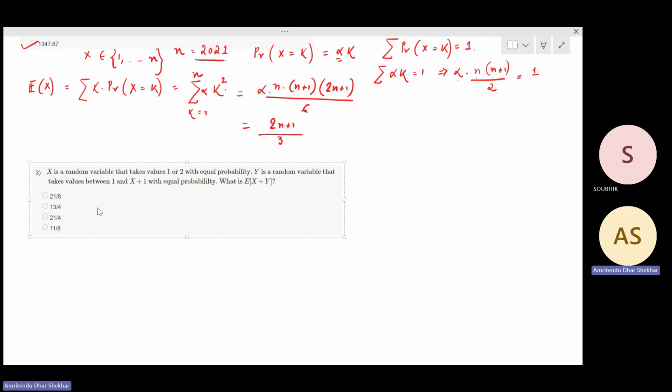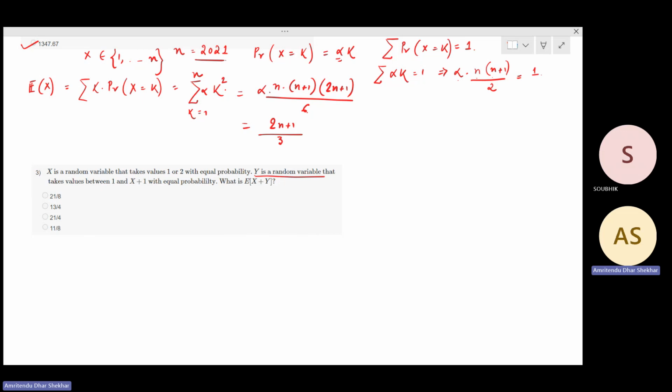So this is a problem where we have a random variable x that takes values 1 or 2 with equal probability, and y is a random variable that takes values between 1 and x plus 1 with equal probability. The way this question is framed is not so nice.